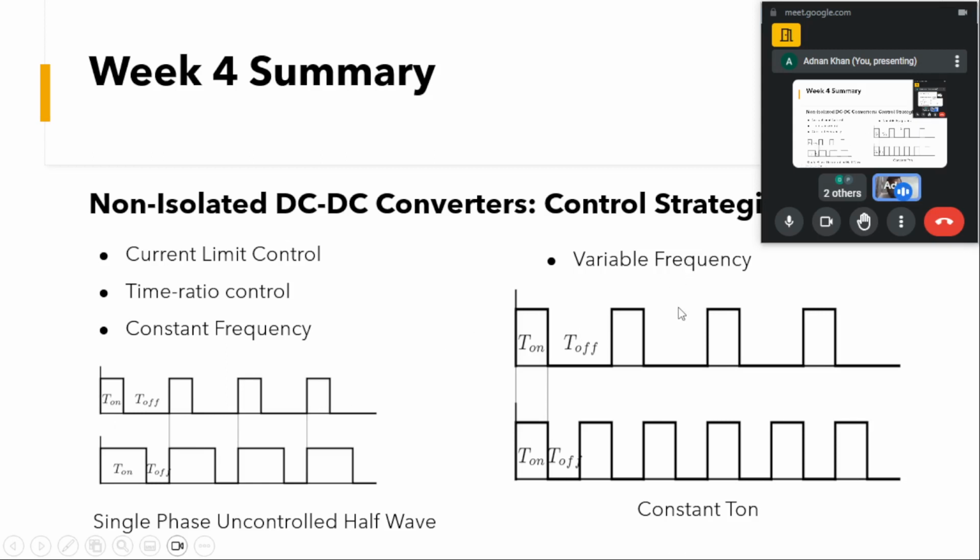But in variable frequency, we will keep the T on constant and play with the T off time. You can see, if my T off time is large compared to the T on, and we know that duty is equal to T on divided by T on plus T off.